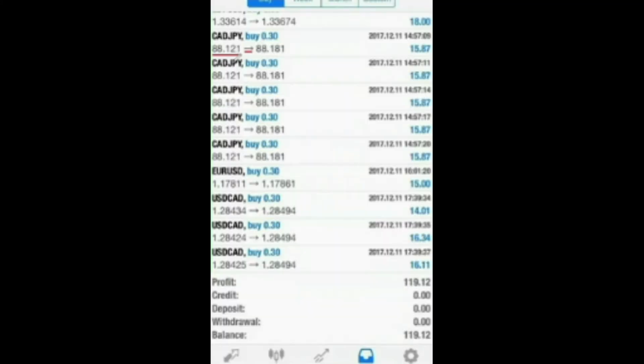If you were in an active trade, that number would be changing because the price would be going up and down. But once you close the trade, it becomes a fixed number.